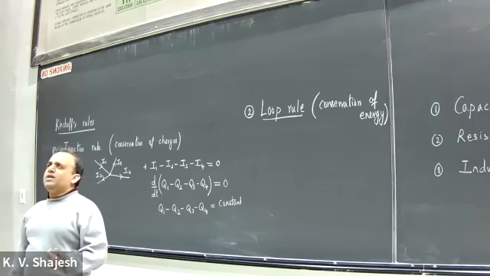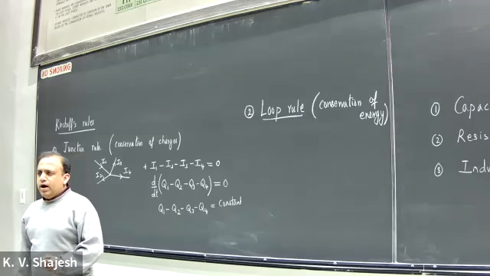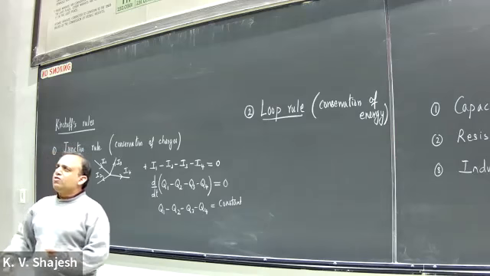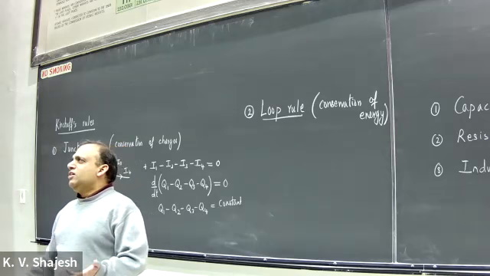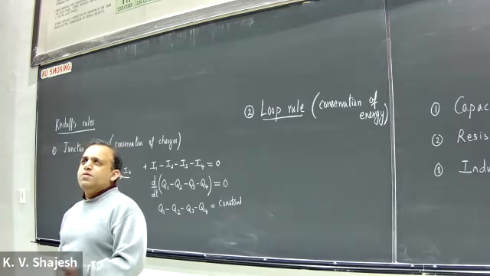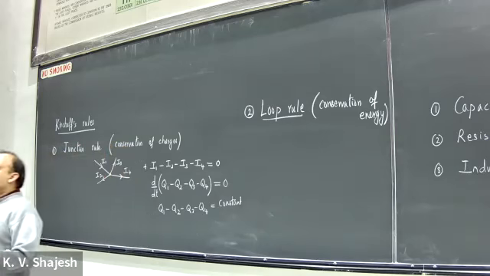By that, we mean that the work done by the electrostatic force when a charge moves around in a circle is 0. And that's what we mean by the conservative force. That means that the change in potential energy for the electron when it goes in a circle is equal to 0.